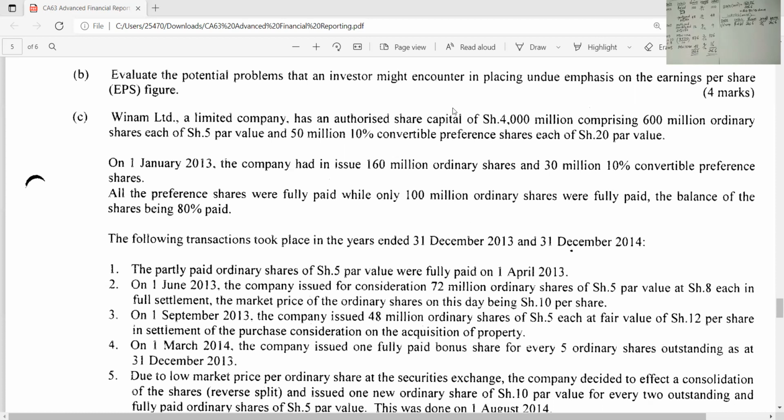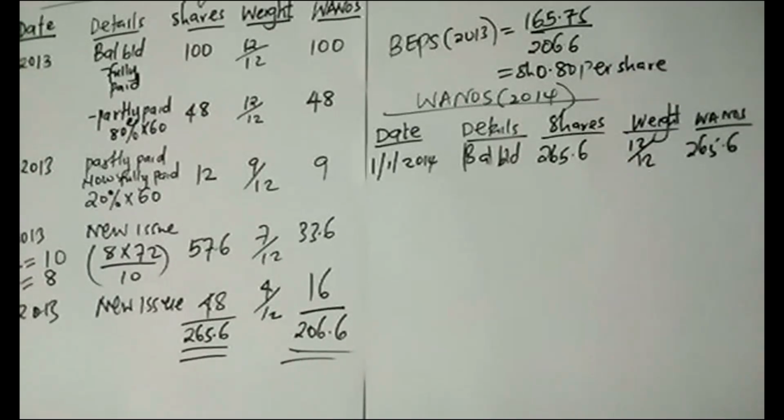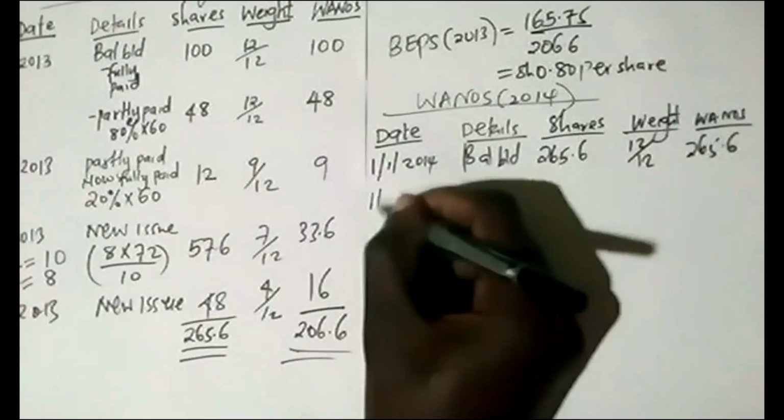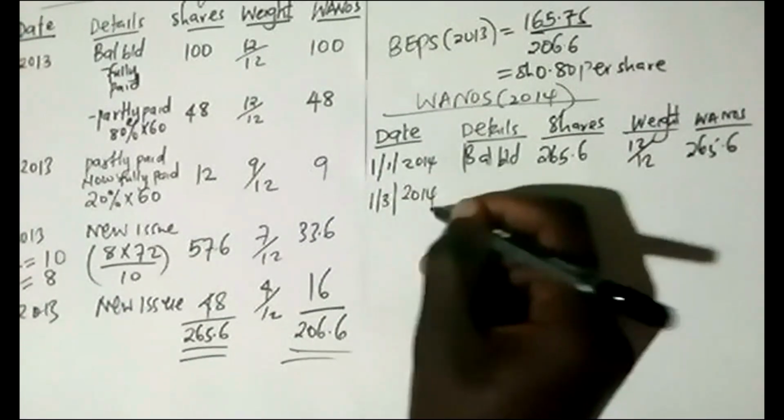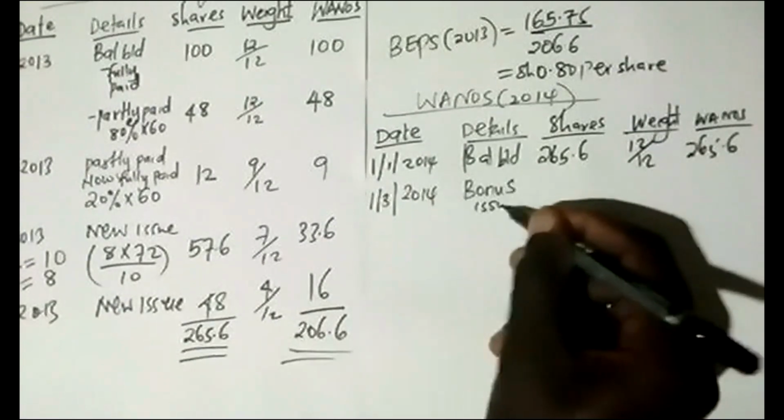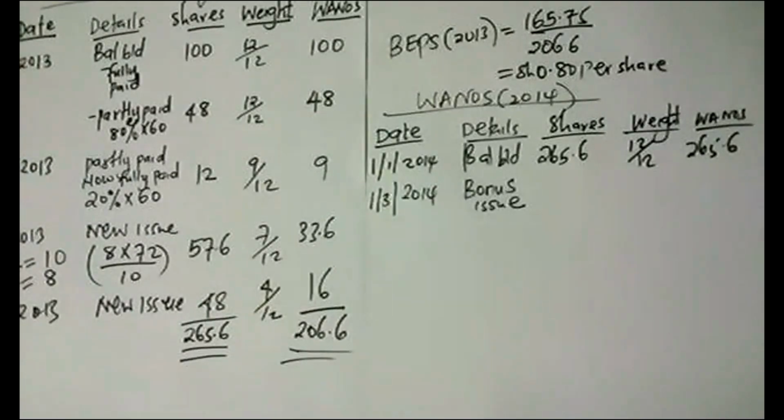So we have to determine the number of shares which the company issued through bonus, using the proportion. That is what occurred on 1st March 2014. There was a bonus issue.